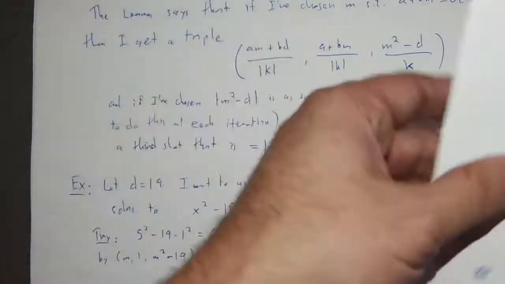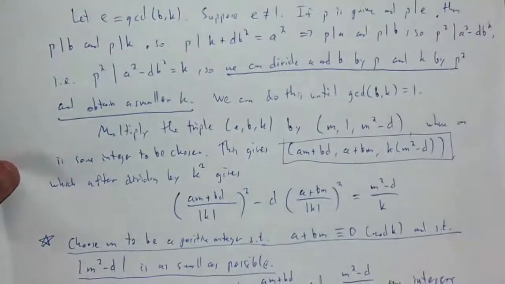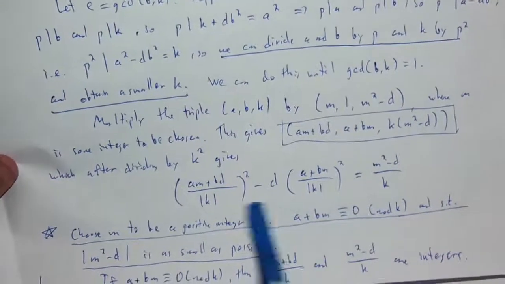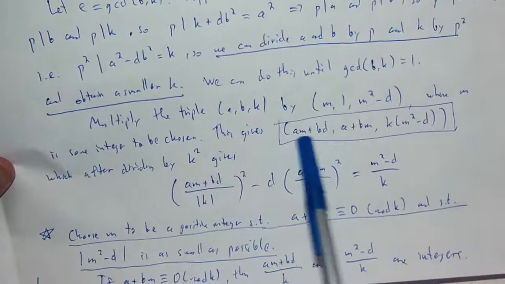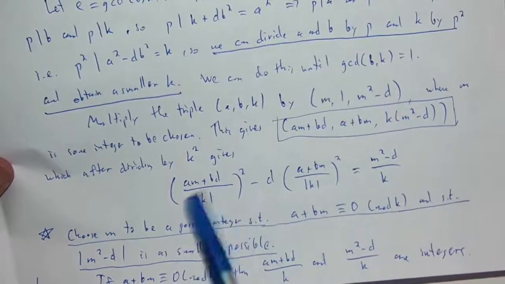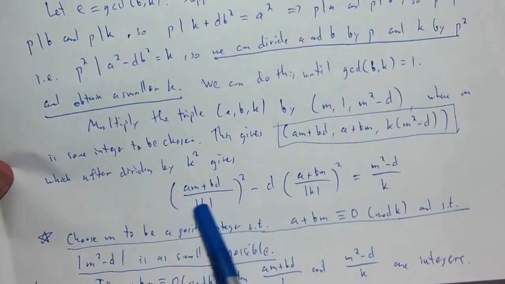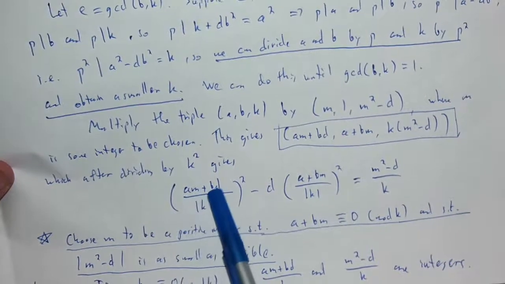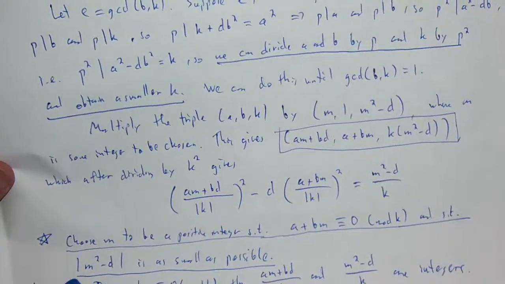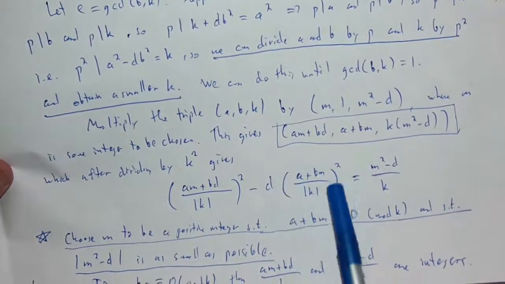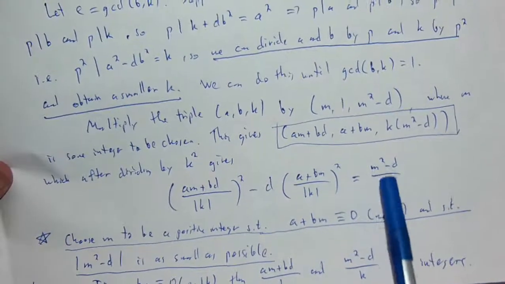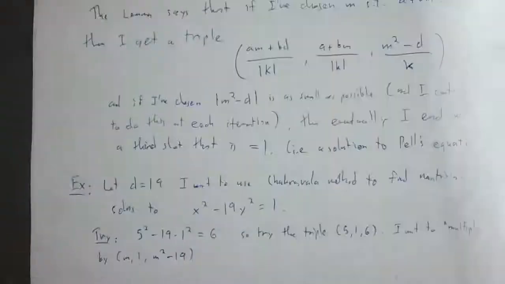Again, you don't have to remember that. What you can remember instead is that the triple I get from multiplying, after I've divided by k, is am plus bd over absolute value of k, a plus bm over absolute value of k, and m squared minus d over k.